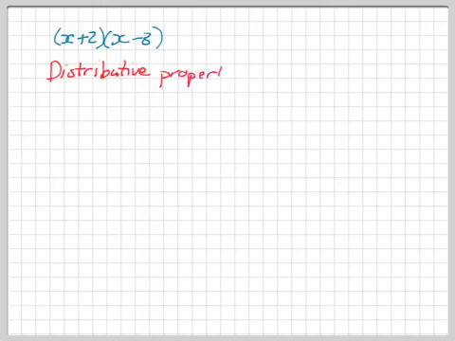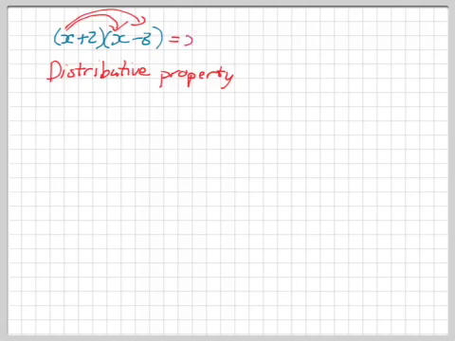So for instance, if I have x plus 2 and x minus 3, and I multiply it out, let's quickly do that by looking at the distributive property of mathematics, which says that to multiply this out, you need to multiply everything of the first bracket into the back bracket. So I'm going to take the x and multiply it by the x and the minus 3.